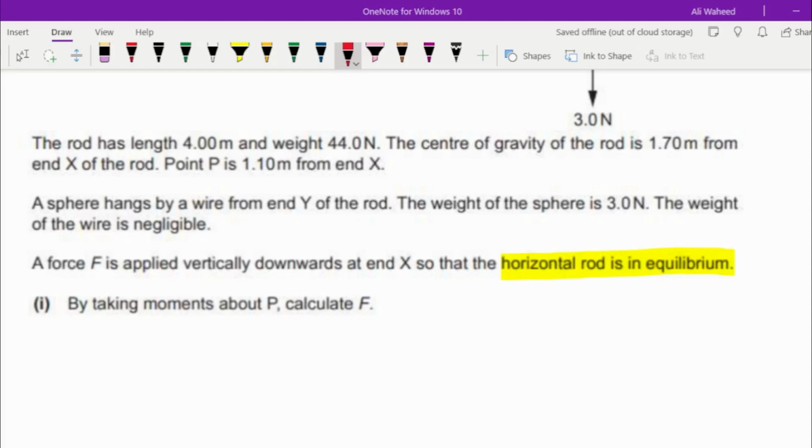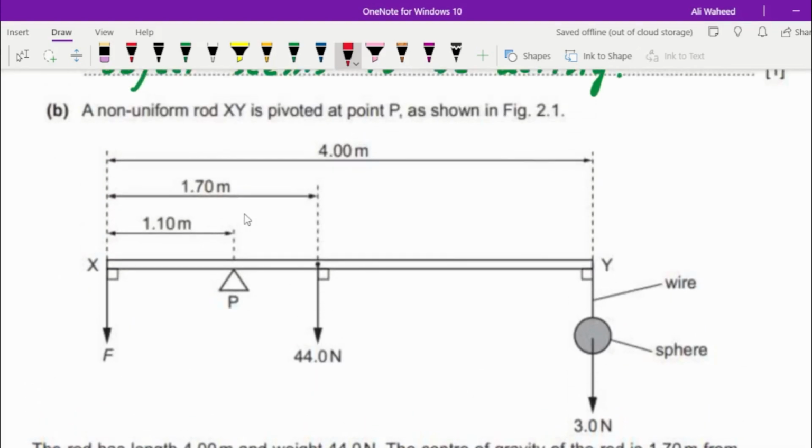So P is your pivot. Okay, so this is your pivot. I'm going to shade it. Now let's check out the forces that would rotate the rod clockwise. So here you have the first one. This force would rotate it clockwise. Then you have the force of 3 Newton exactly at the end that would rotate it clockwise.